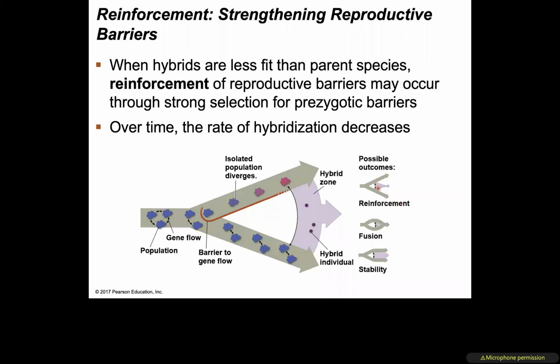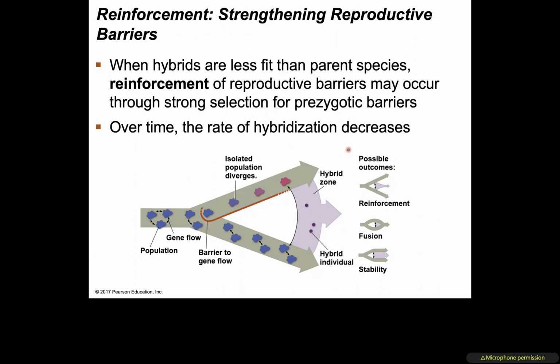You may have your hybrids in between, and you may have some individuals being successful, but as you notice, it's a small amount. So the most successful individuals are going to be those of your isolated populations. Those original populations are going to be the strongest. And that's what reinforcement means.